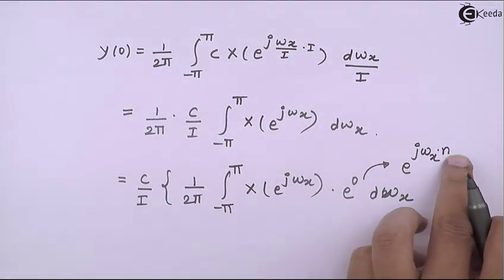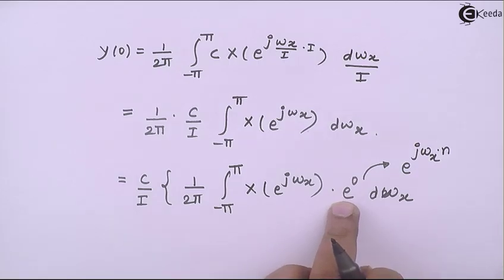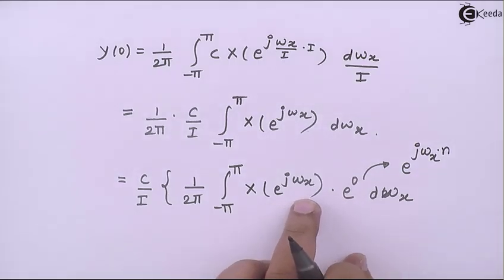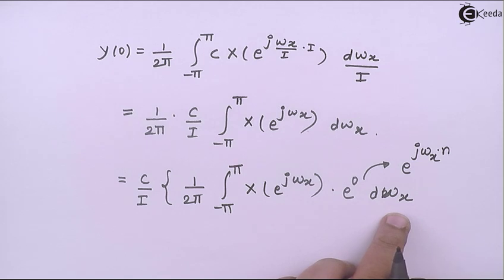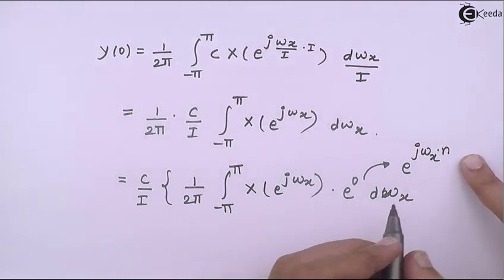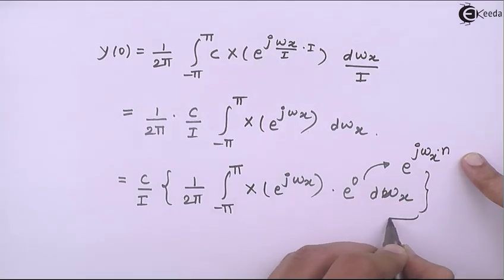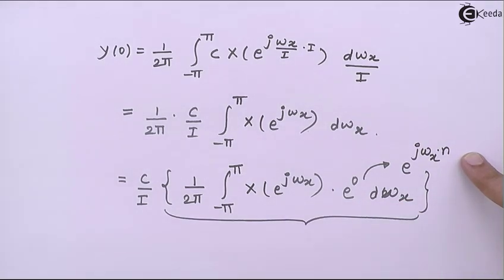Okay, and what is n in this case? Omega x cannot be 0. If it is 0, then this will also be e raised to 0. Okay, but it is not 0. It is some value. Okay, but n can be 0. Correct? So what does this total factor replicate? This total factor replicates the IDTFT formula for x of 0.